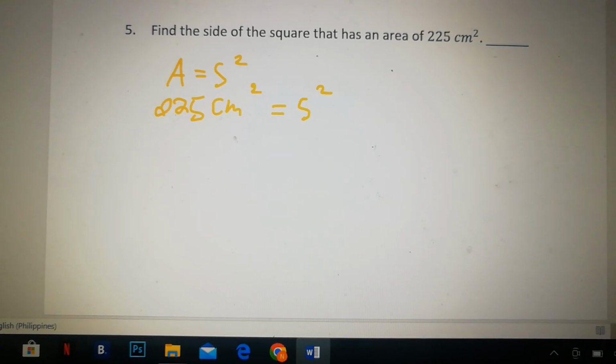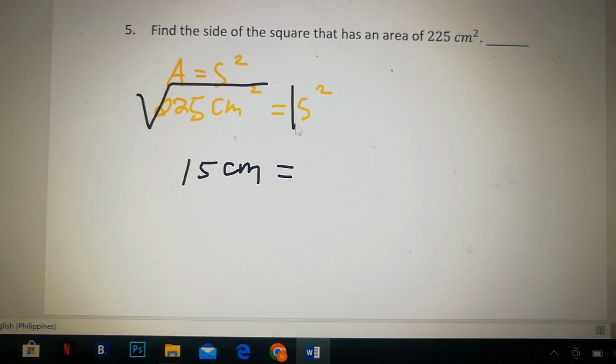If you take the square root of both sides of the equation, then the square root of 225 is equal to 15. The square root of centimeters squared is centimeters. The square root of s squared is equal to s. So therefore the side is equal to 15 centimeters.